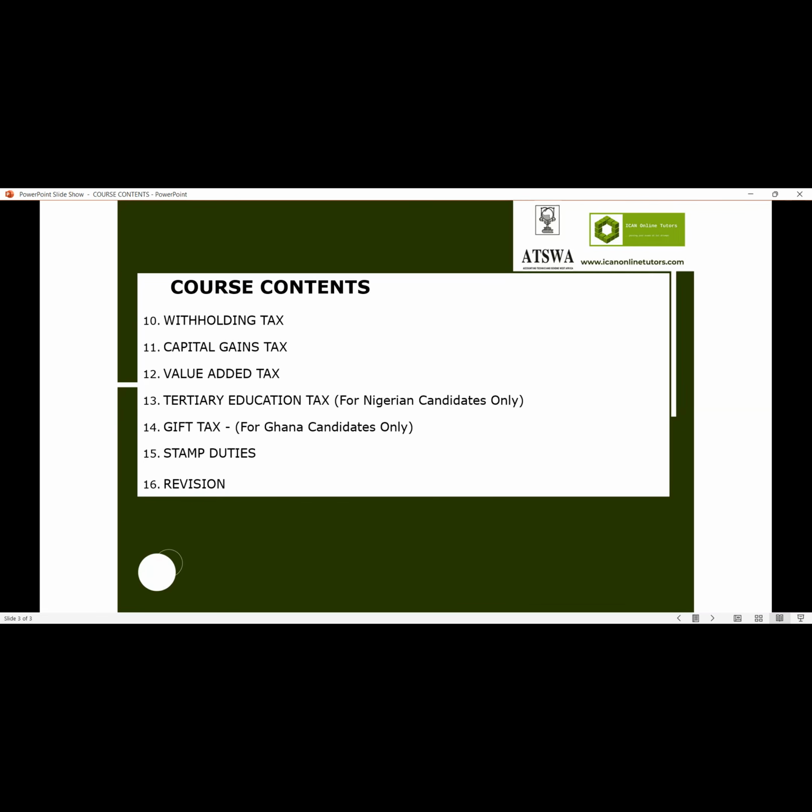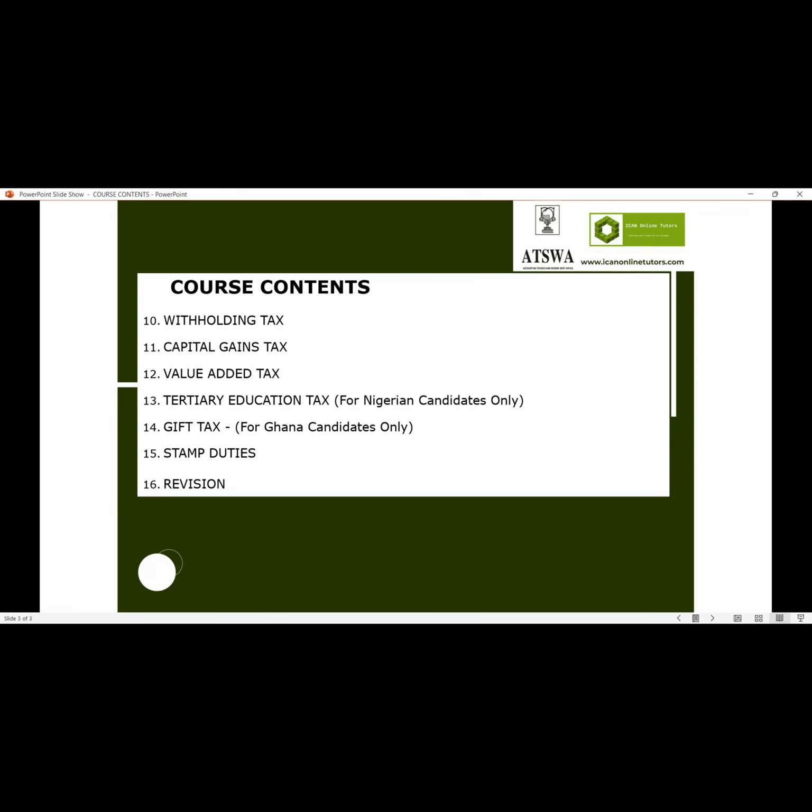For instance, if the dividend received is 1 million naira, 10% of 1 million naira is 100,000 naira. So payer A must deduct 100,000 naira from the 1 million naira and remit same to the tax authority on behalf of B, because it is an advance payment for B. Do you understand? It is advance payment of income tax for B.